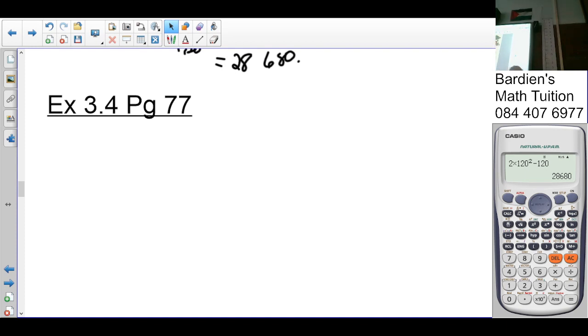Seven, huh? 77. Page 77. Yes, there's a number 3. So do number 3 quickly.